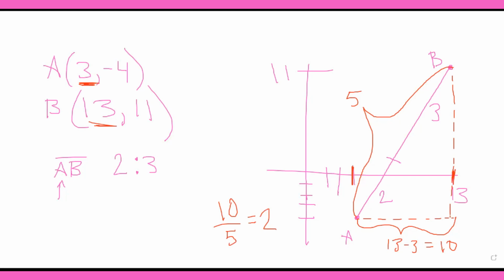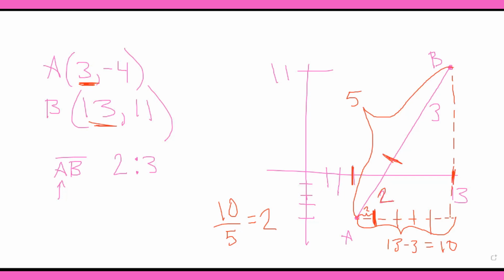So if I were to divide this into 5 parts, that would be 1, 2, 3, 4, 5. That means 1 part is 2, meaning this distance is 2. So I don't need 1 part, I need 2 parts because I'm dividing this into a 2 to 3 ratio.